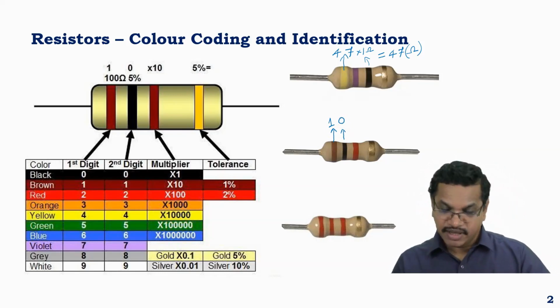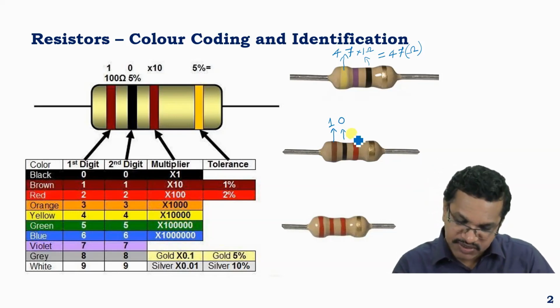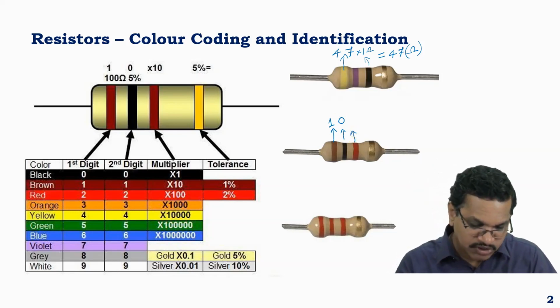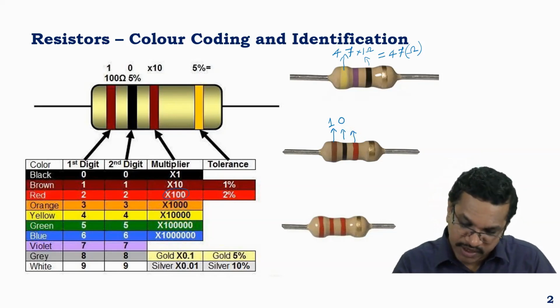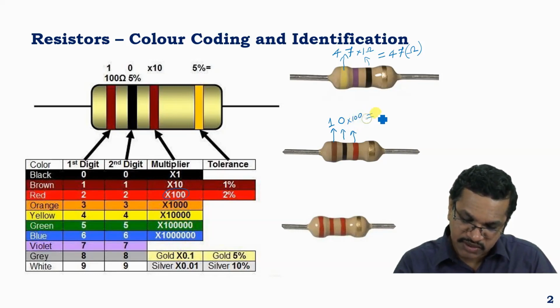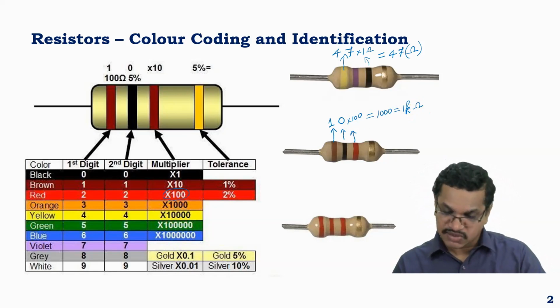Third one is the multiplying factor. So third is red color, which corresponds to a multiplier of 100. So it will be 10 into 100 ohms, which is 1000 ohms, or the familiar value is 1 kilo ohm. This is the second resistor.